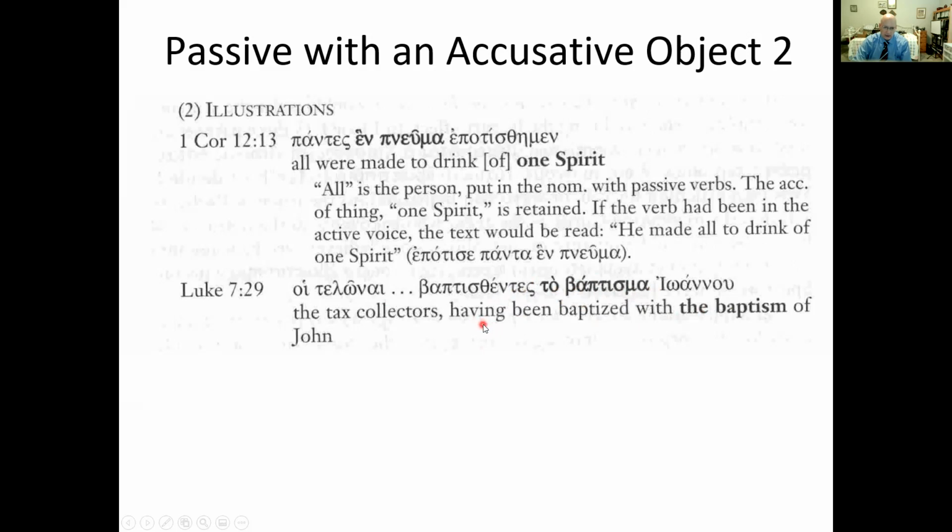So this is an example of a passive voice with an accusative object. The baptism is what's being used to baptize them with.